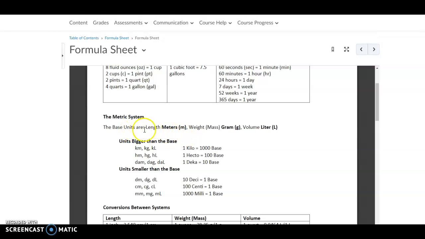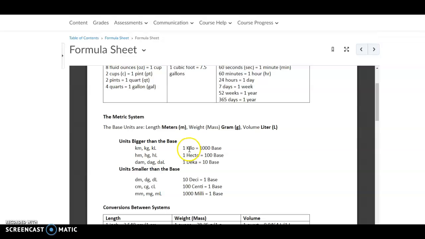And so the base units that we're going to be using most of the time are meters, grams, liters. Most of the time we'll be using these common ones. These are units that are bigger than the base, and these are units that are smaller than the base. In the problem that I have, I don't have one of these listed, but these are the common ones that we're going to look at most of the time.